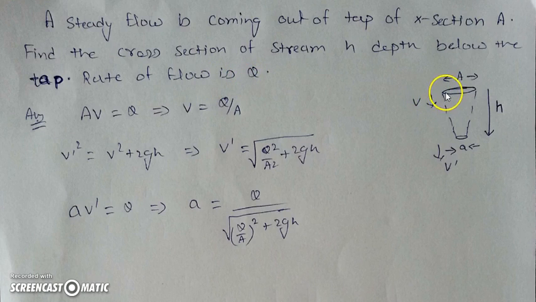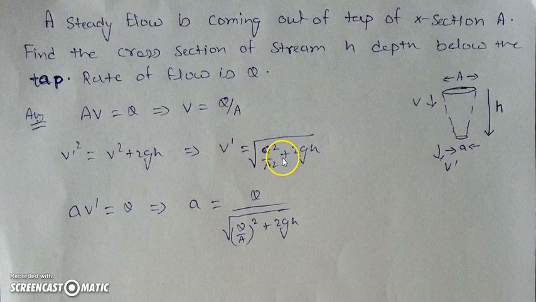First of all, we'll calculate the velocity at the initial cross section using rate of flow as AV. So the initial velocity of the fluid coming out from the tap is Q by A. Again, we can use Bernoulli's equation or simply energy conservation. We can get the velocity of the fluid at a depth h by using final velocity square equals initial velocity square plus 2gh.